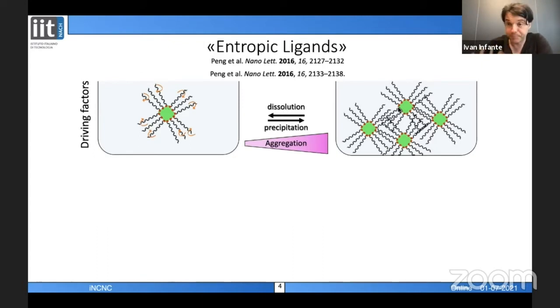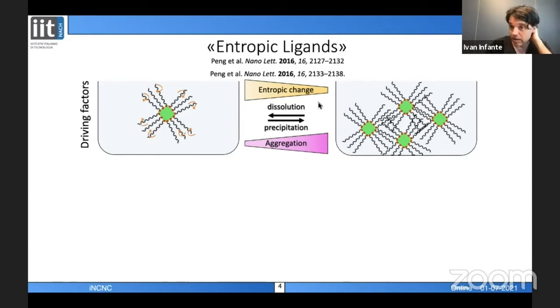Then there is another, entropic contribution that tends to shift the nanocrystal into solution, because the ligands want to be free to move. When they aggregate, these degrees of freedom are blocked, so you have a big loss of entropy.